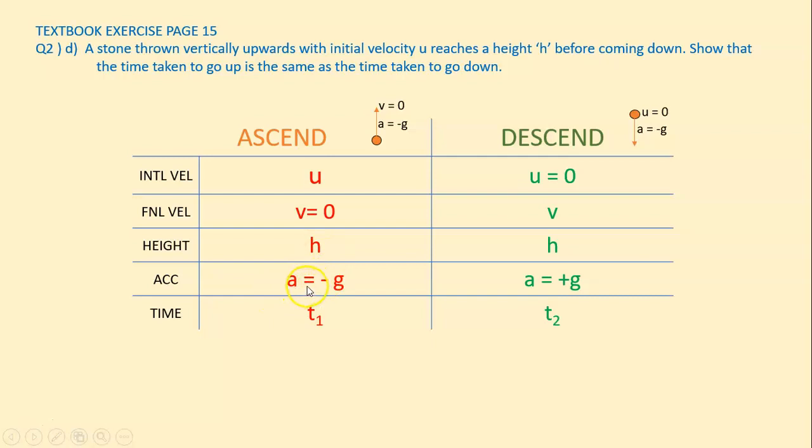Accordingly, a is equal to minus g and time is t1. Similarly, in descending, u will be 0, v is the final velocity, height h, a will be now plus g as it is coming towards the ground, and t2 will be the time.